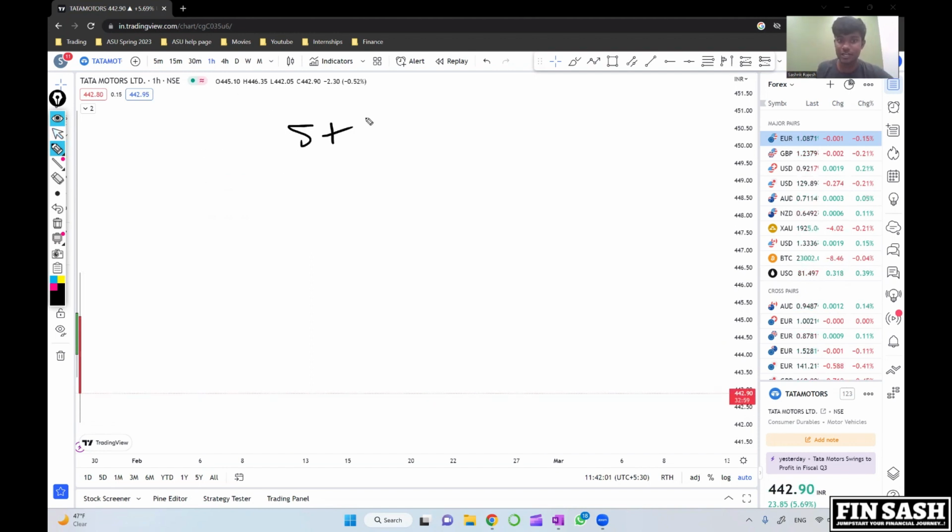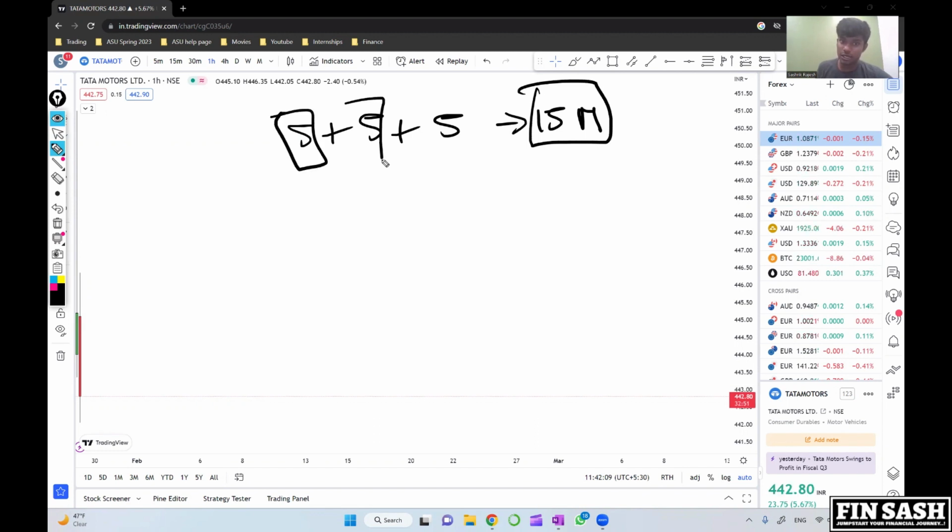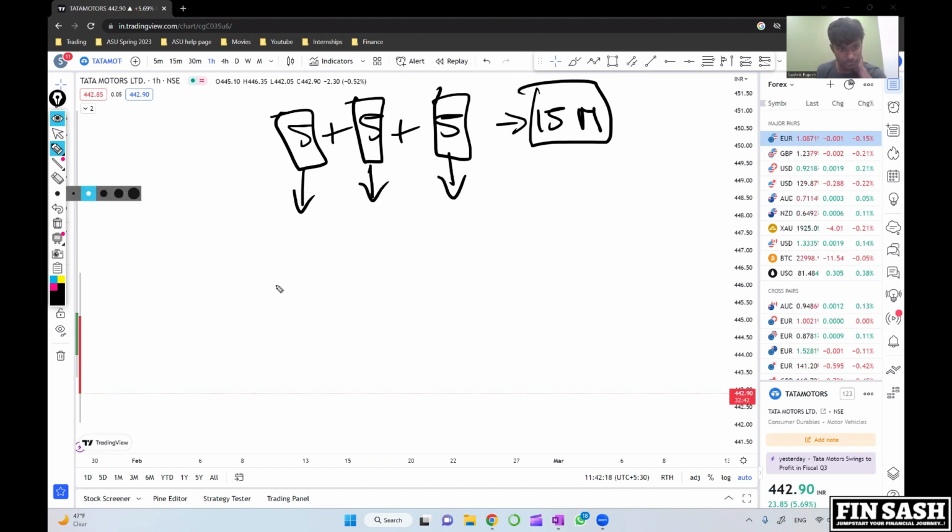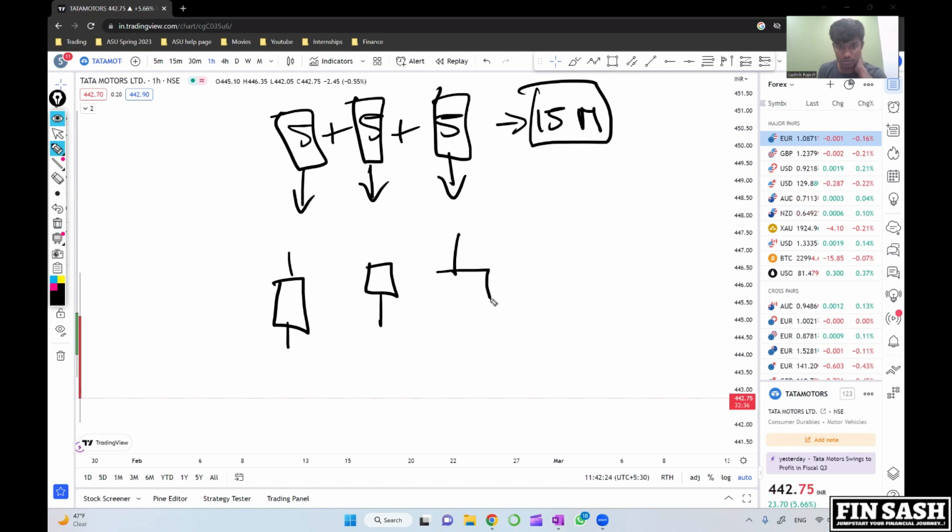We know 5 plus 5 plus 5 is 15 minutes, right? Now, for example, this is one of the candles, this is one of the candles, and this is one of the candles, okay?